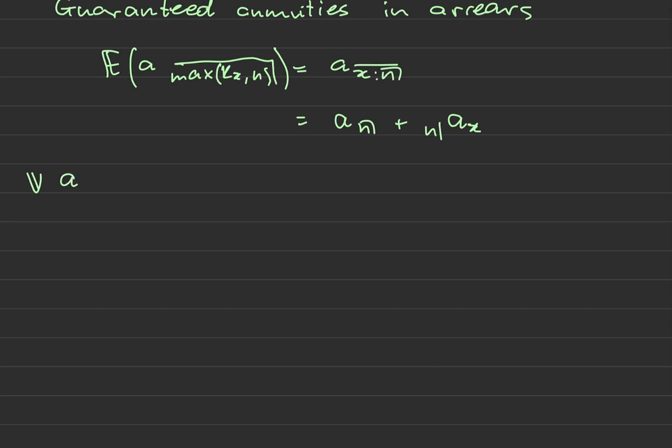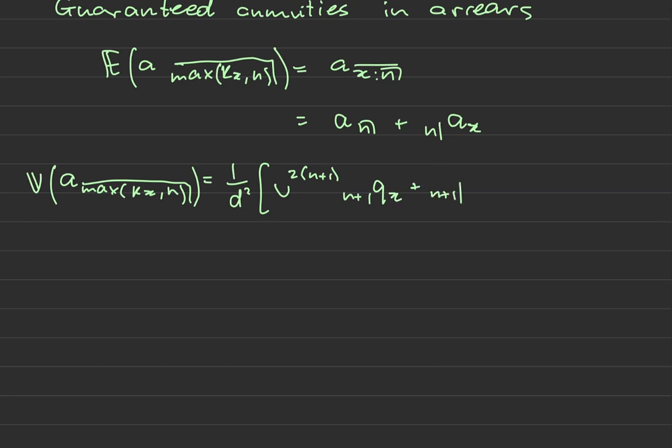So the variance for a max kx and n equals 1 over d squared into v to the 2 into n plus 1 qx plus a whole life assurance deferred by n plus 1 years at double the force of interest, minus, in brackets here, v to the n plus 1 qx plus n plus 1 ax, and that bracket squared, and close these bigger brackets. Okay, so that's guaranteed annuities in arrears.